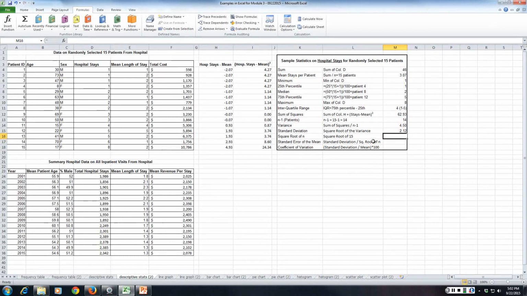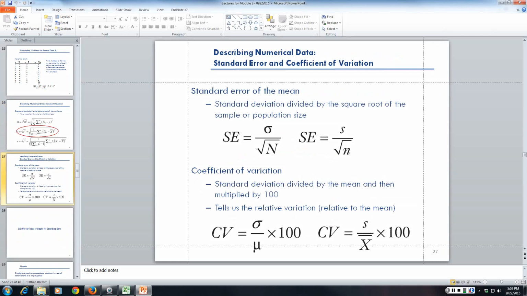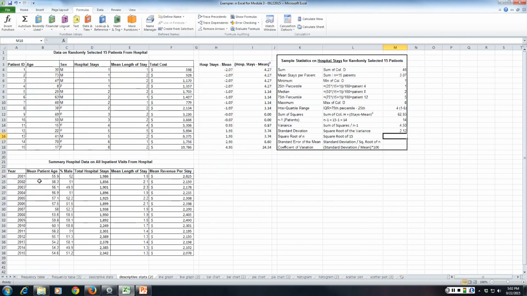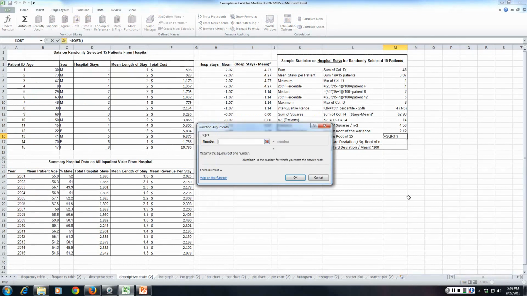Next step is for us to calculate the standard error of the mean, which is the standard deviation divided by the square root of n. So let's find the square root of 15. We go to our function here, type in square root. Here, let's just enter the number 15 because that's our sample size.